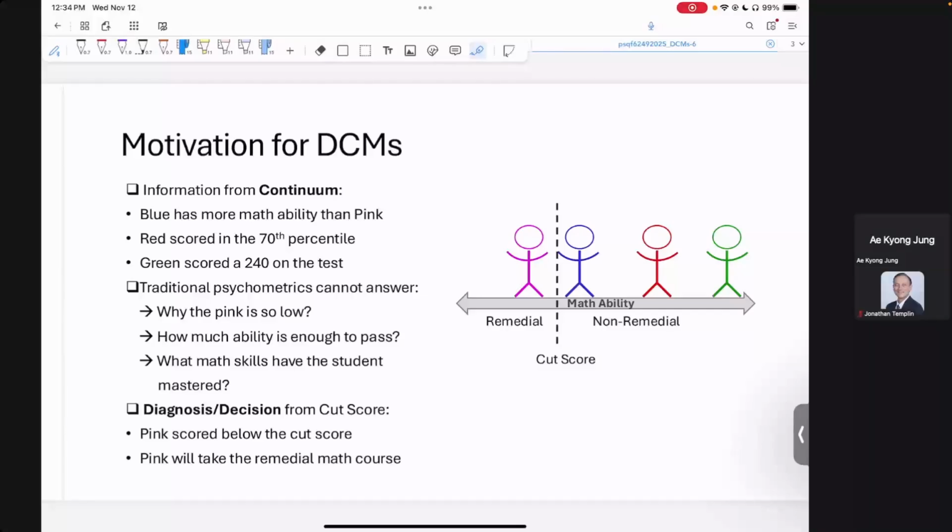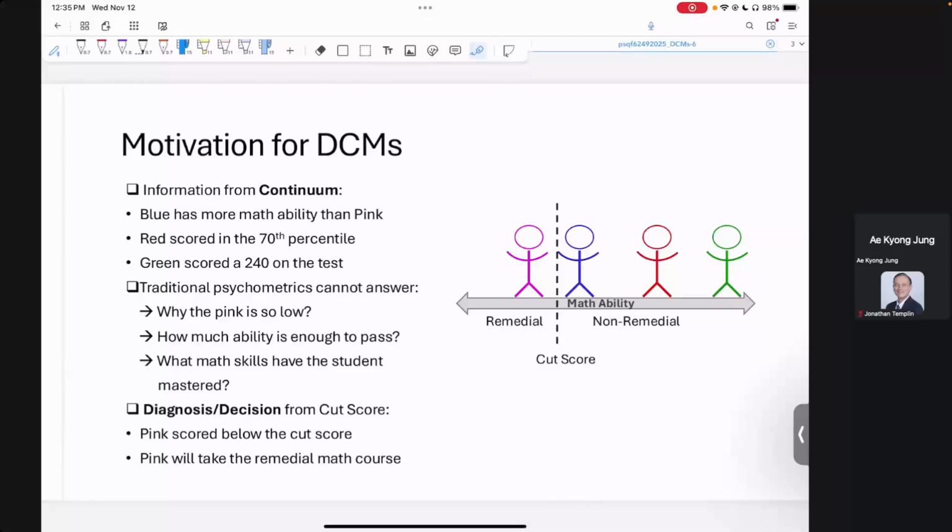Then do you think the CFA and the IFA or IRT model can answer these kinds of questions, like why the pink is so low, or how much ability is enough to pass, or what math skills the student has mastered? To answer those kinds of absolute questions, we need a specific cut score.